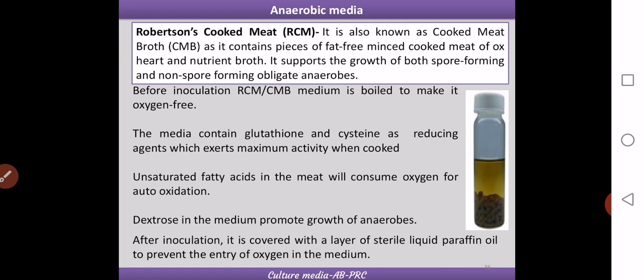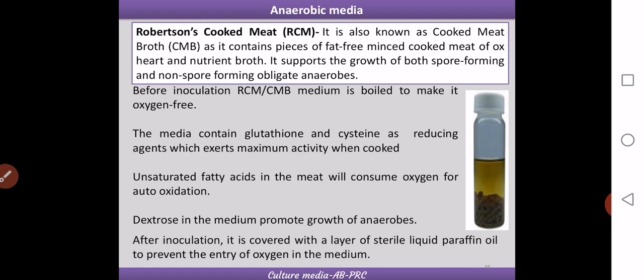These reducing agents exert maximum activity in the cooked stage. That means the glutathione and cysteine present in the meat, when cooked, have maximum activity to consume the residual oxygen.